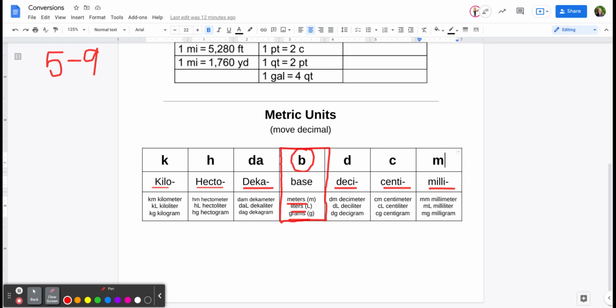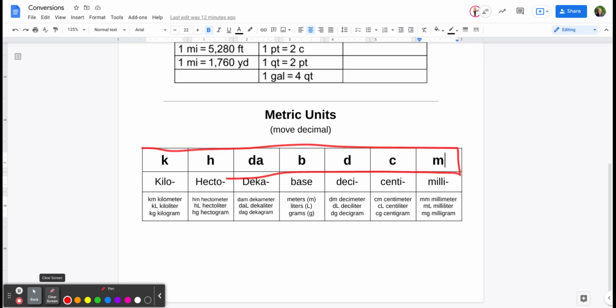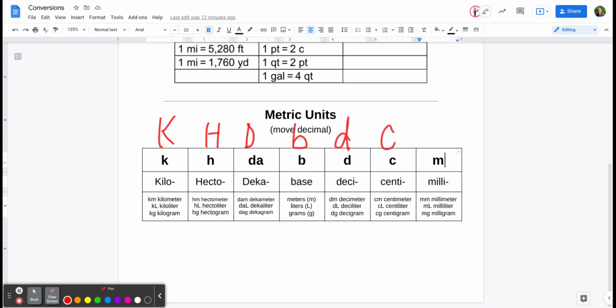And the last thing I want to talk about is you may even already know a phrase that helps you remember the order of these letters up top. When I was in school, I remember learning King Henry doesn't bake donuts Christmas morning. So if I know that I'm going to be converting metric units, right away on the top of my page, I would write King Henry doesn't bake donuts Christmas morning.